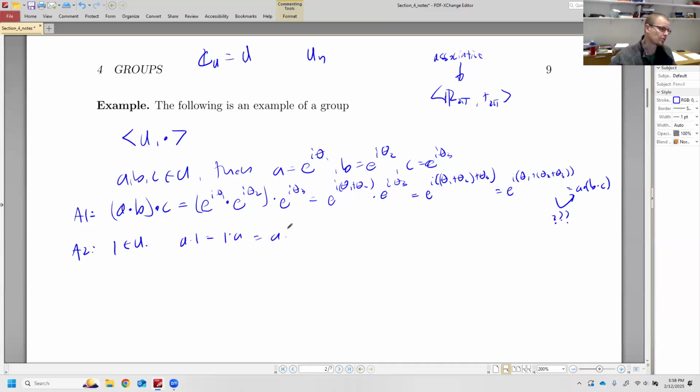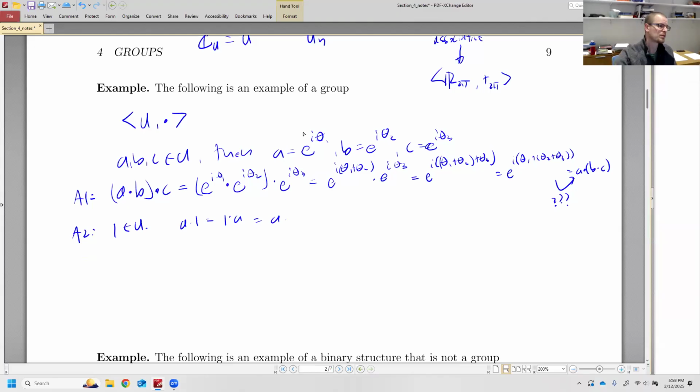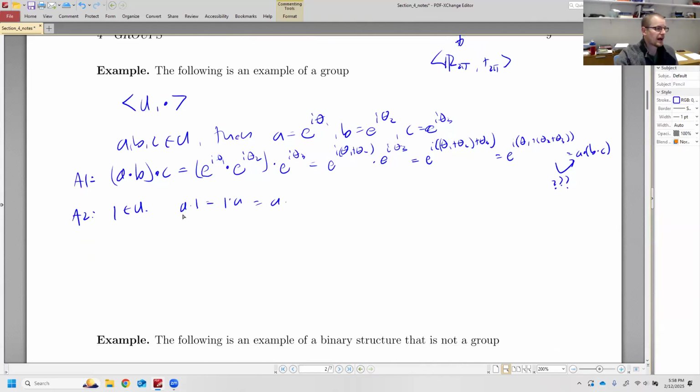We can observe that. There's no problem there. If we wanted to break it down in terms of A written in this way, 1 can be written as e to the i times 0. So we get this sort of right additive identity within this. Okay, so that's associated to that.